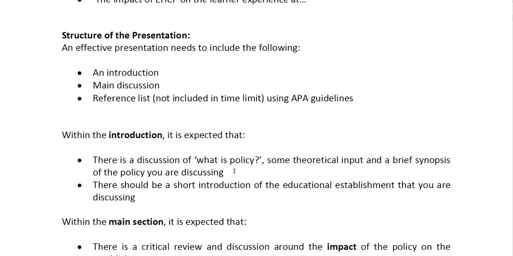Within this, give a very short outline of the educational establishment you are looking into. As ever, this area is purely to set the scene, so please spend a limited amount of time on it. Anything more than 2 or 3 minutes is too much, so try to keep it as short, concise and succinct as you can.